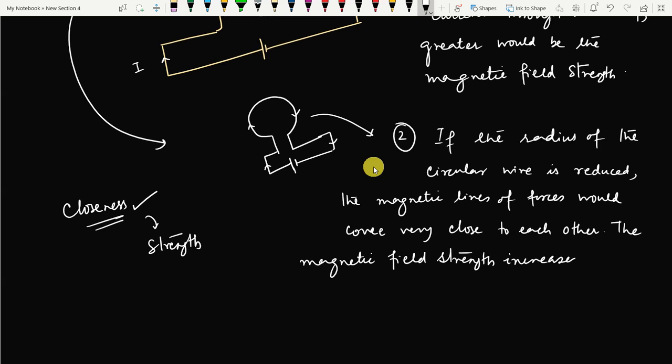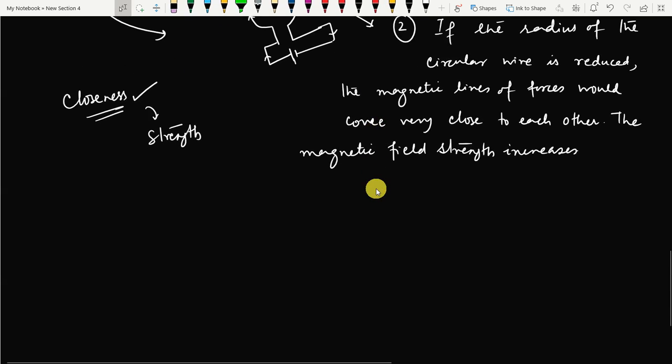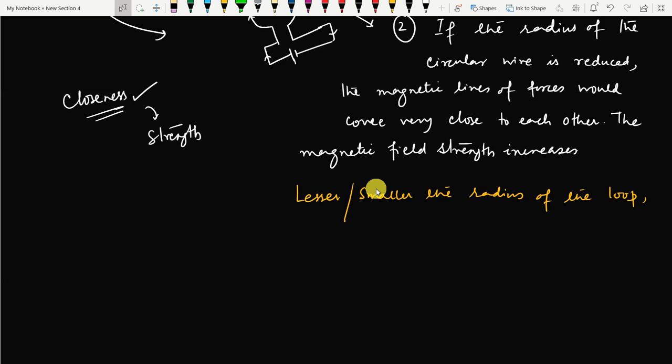So we can write: lesser or smaller the radius of the loop, stronger would be the magnetic field strength. So these are the two factors.